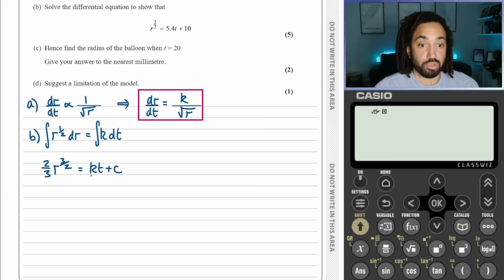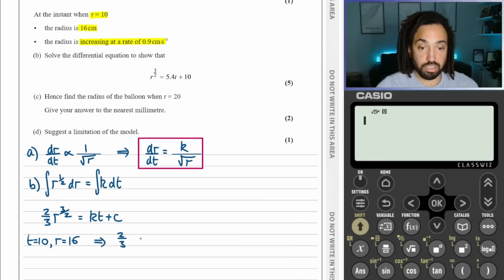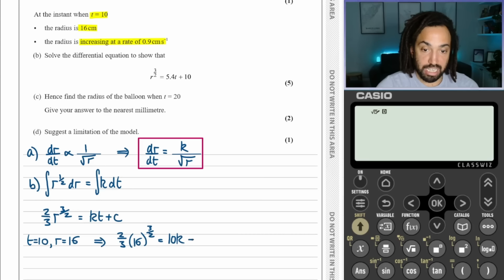Okay, so we've got two constants that we need to find, k and c. We're going to need two bits of information. And those bits of information are that when t is equal to 10, r is equal to 16. So we'll put that in first. And this is going to give us 2/3 of 16 to the power of 3/2 is equal to 10k plus c.